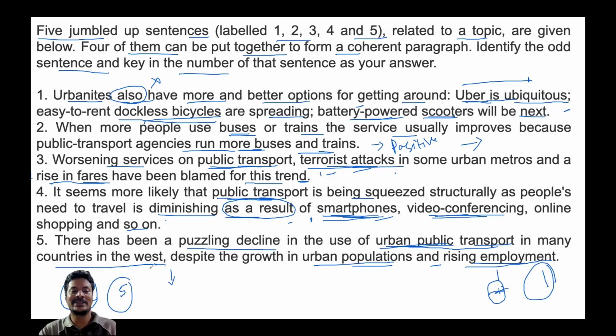So hence we can say that the sequence should be 5, 3, and 4. Okay, just a minute. 5, then after that 3, then 4, then 1. 5, 3, 4, 1. Yes, so 5, 3, 4, 1 is the sequence and 2 is the odd one.